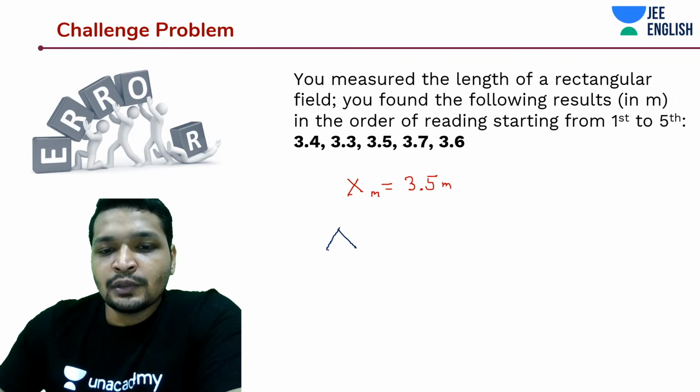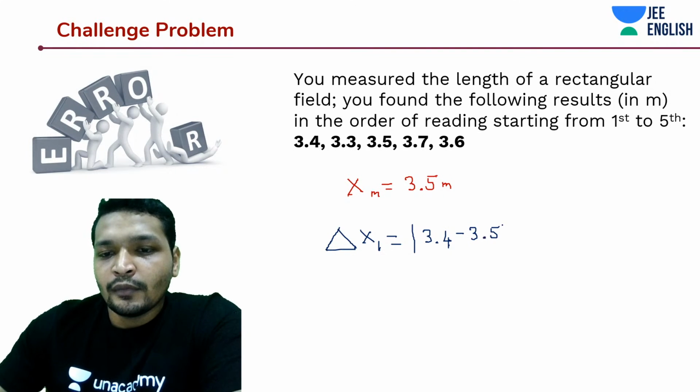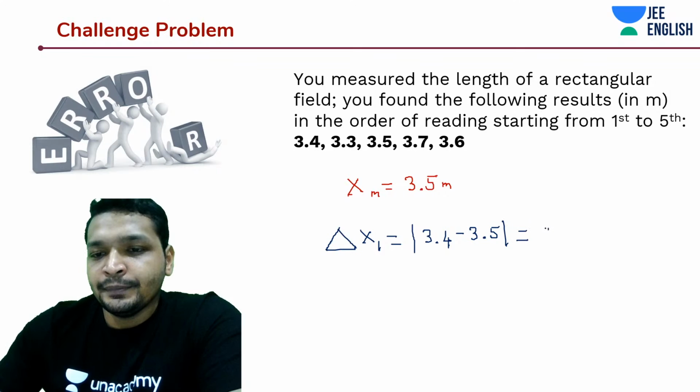The delta x1 is how much? 3.4 minus 3.5. How much is that? 0.1. 0.1 meters actually, that is fine.